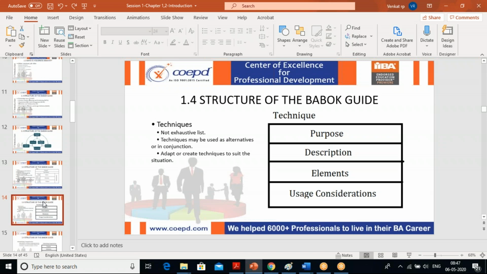And the next one is a technique. BABOK has come up with describing some 50 techniques, like acceptance and evaluation criteria, backlog management, balanced scorecard, benchmarking, market analysis, brainstorming, business capability analysis, business cases, business model canvas, business rules, collaborative games, concept modeling, data dictionary, data flow, data mining, data modeling, decision analysis, document analysis, estimations, focus groups, functional decomposition, interviews, item tracking, lessons learned, metrics and key performance indicators, mind mapping, non-functional requirements analysis, prioritization, organizational modeling, observations, process modeling, process analysis.